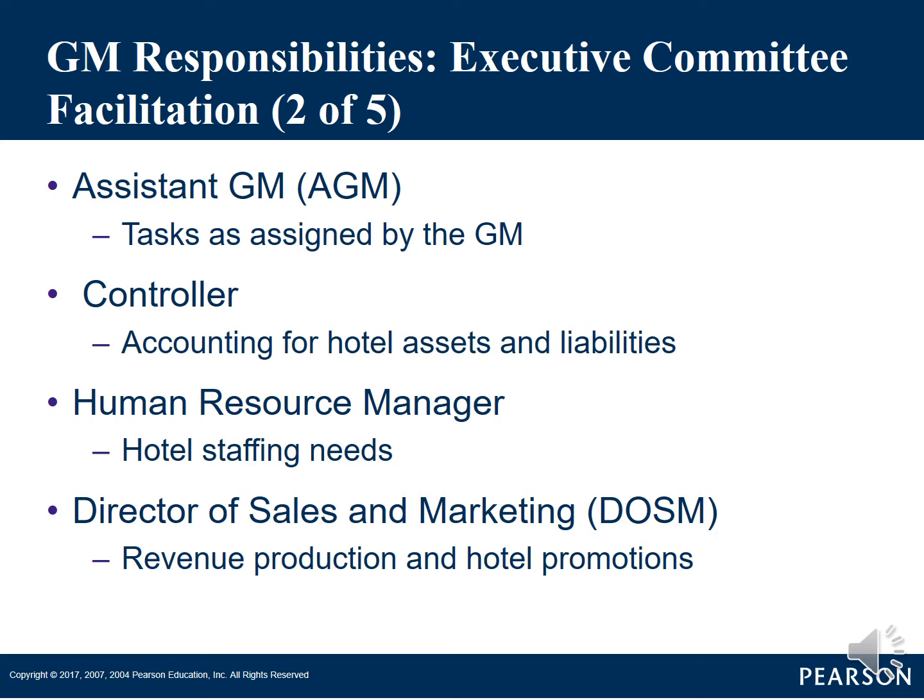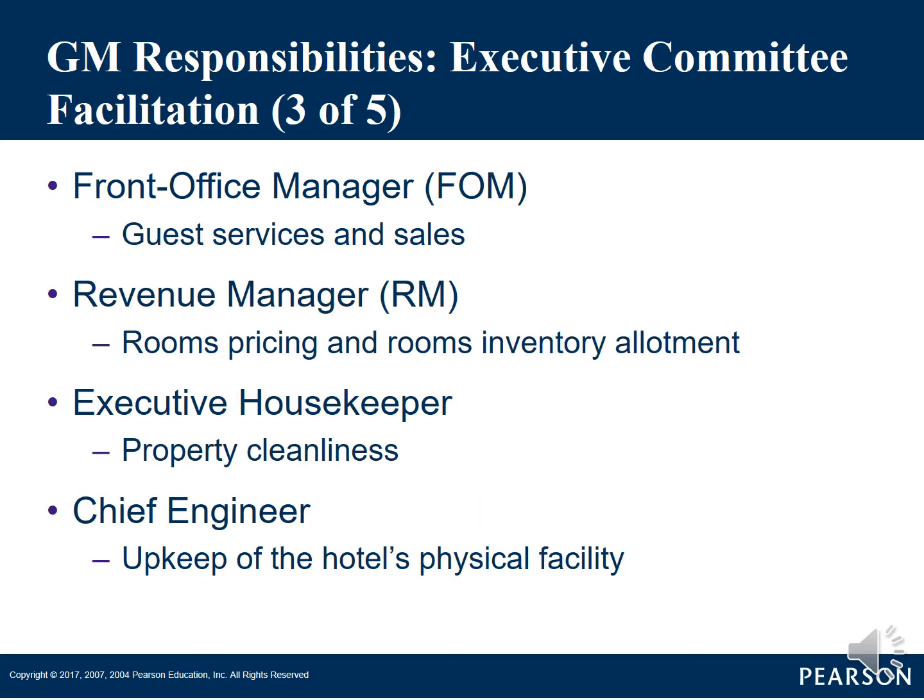Your Director of Sales and Marketing, or as it's shortened to DOSM, is your revenue production and hotel promotions. You have your front office manager, who will deal with the guest services and the sales of things. Your revenue manager deals with your rooms pricing and rooms inventory allotment. Your executive housekeeper deals with the property cleanliness, not just the rooms, but the general areas as well.